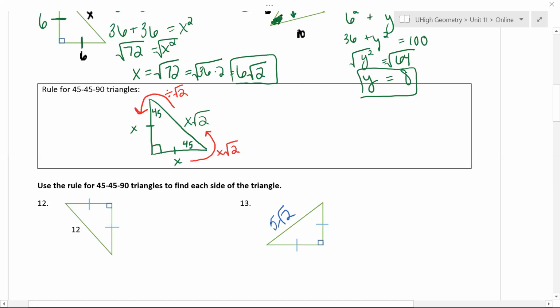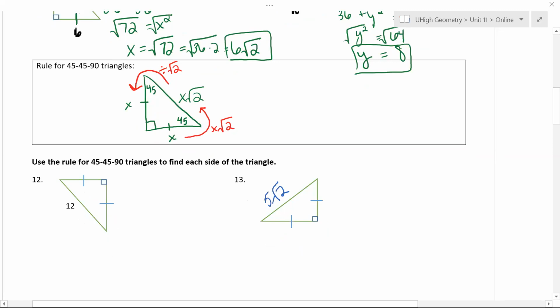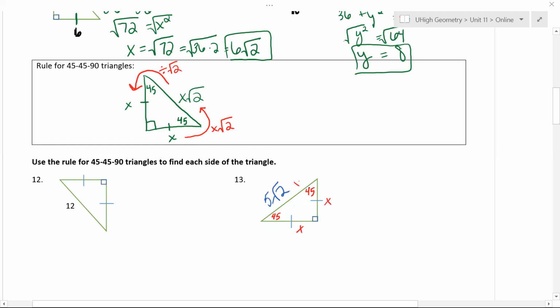So here, if I want to try that with 12 and 13, let's try it with number 13 first. I'm given a right triangle with two congruent sides, which means I know that this is a 45, 45, 90 triangle. So I know I have an x, x, and an x root 2. If I'm wanting to go from my hypotenuse to one of my legs, that's when I'm going to divide by the square root of 2.